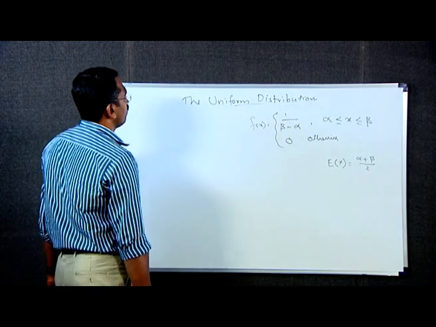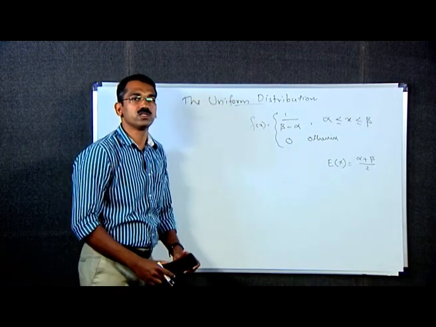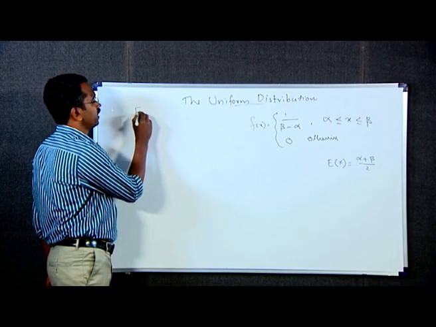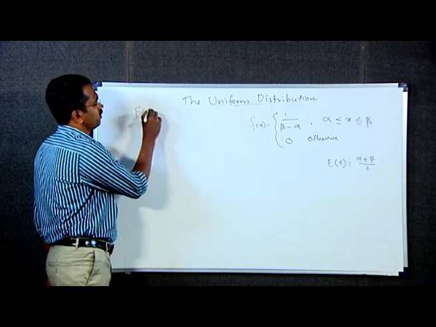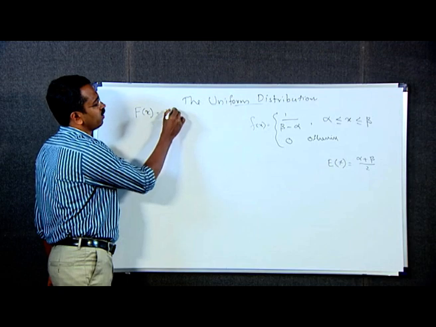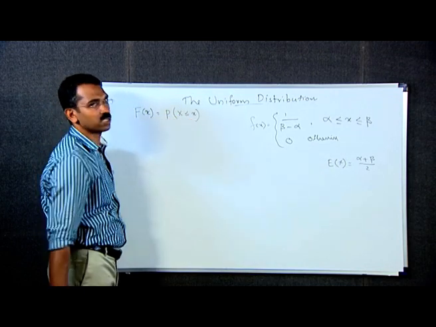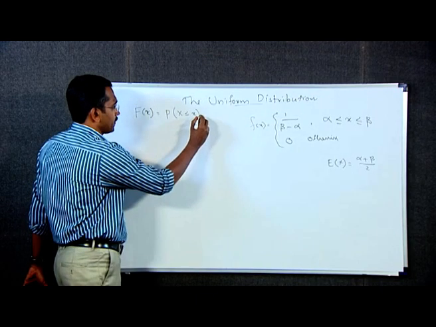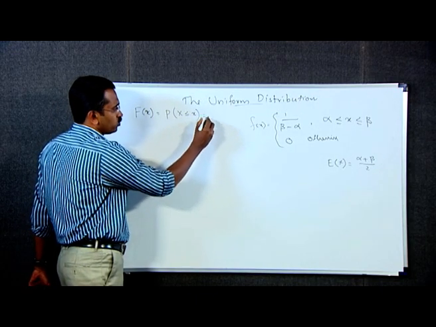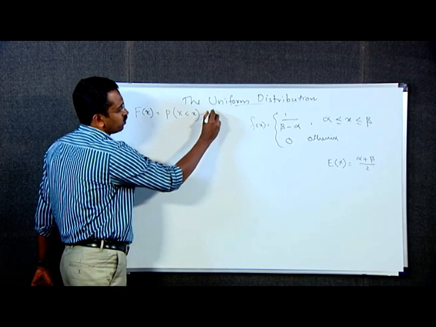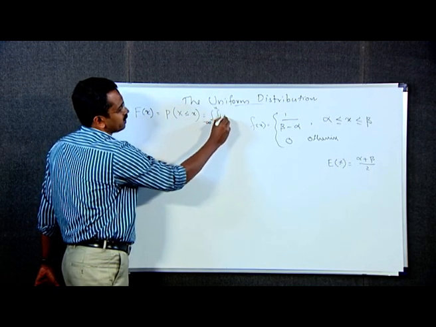Now, by the definition of the cumulative distribution function, it is denoted as capital F, which is equal to probability of X is less than or equal to some particular value of x, which is equal to integral from minus infinity to x f of x dx.